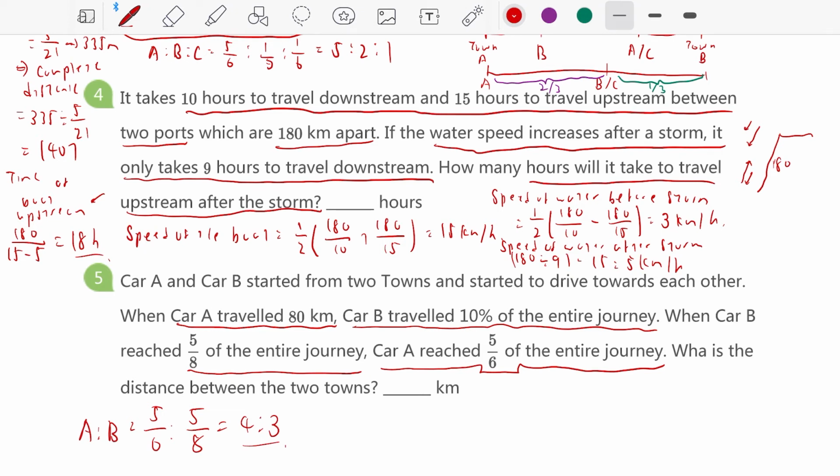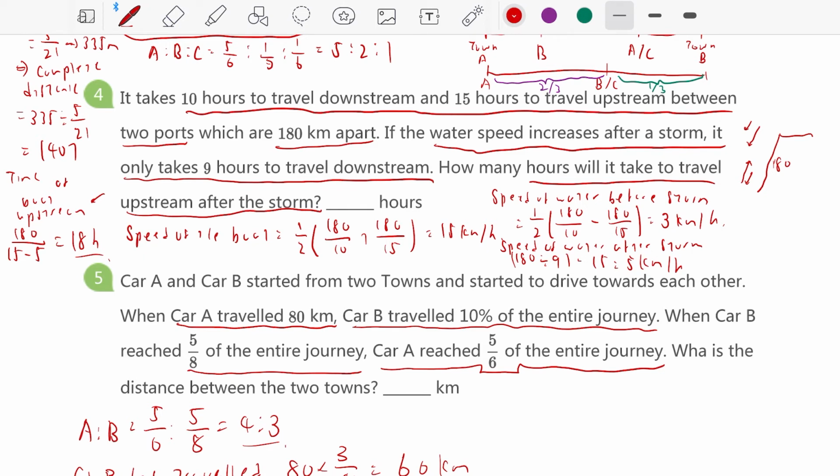So let's take a look. When car A has traveled for 80 kilometers, car B has traveled 80 multiplied by 3/4. That's the main idea. And then we're just going to get 60 over here, 60 km. So when car A traveled 80 km, car B has traveled 60 km.